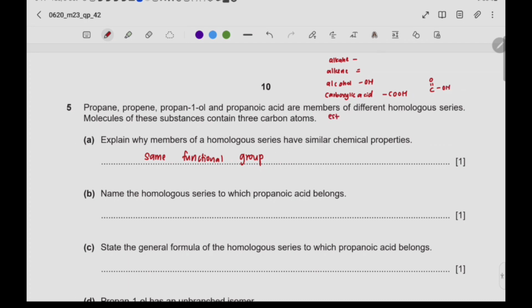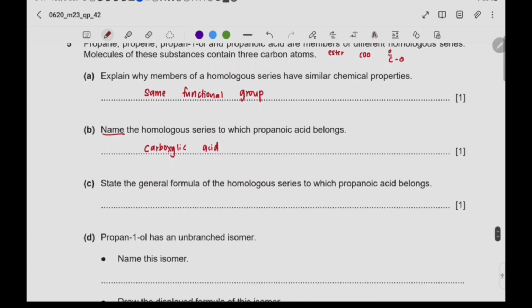And ester is COO. So which homologous series does propanoic acid belong to? The name is carboxylic acid. And if they ask for the general formula, CnH2n+1COOH.